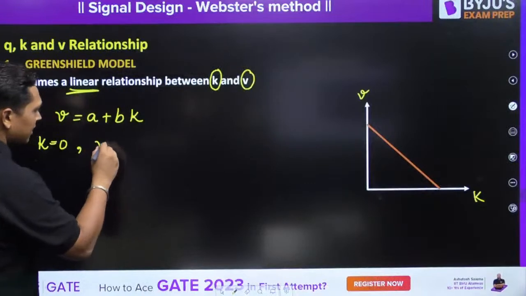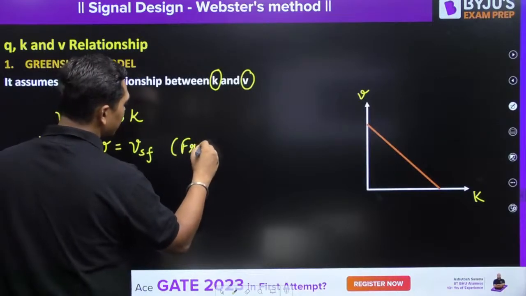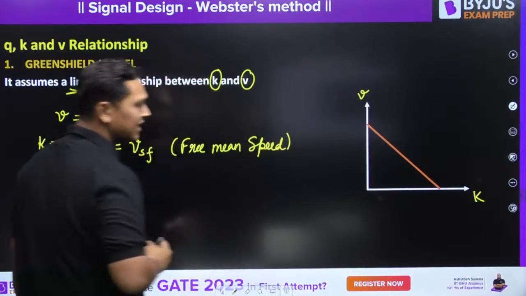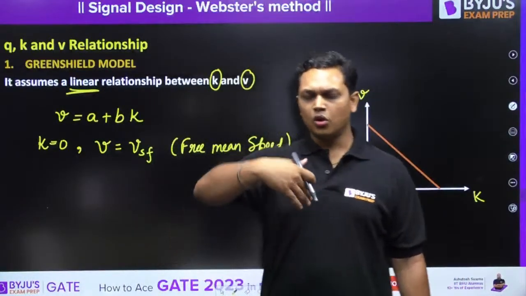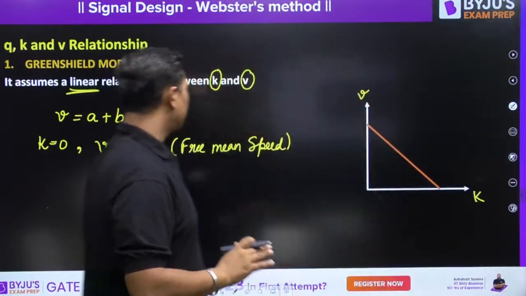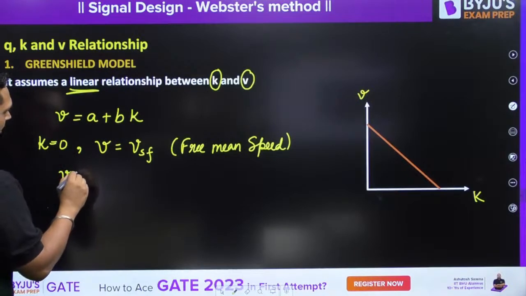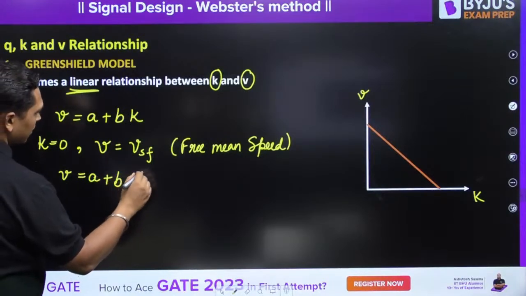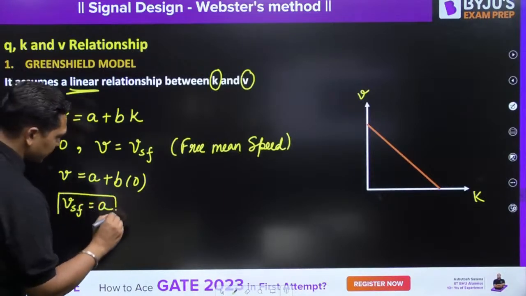So your velocity will be equal to Vsf, which is free mean speed. There is no jam, there is no density, there is no congestion. Vehicles are moving freely. Alright. So when you substitute this, V equal to A plus B into 0. So V will be equal to Vsf, which is equal to A. So A becomes equal to Vsf.